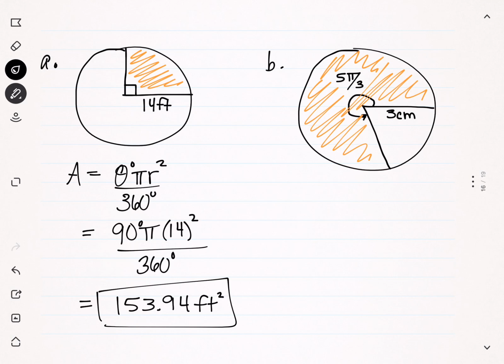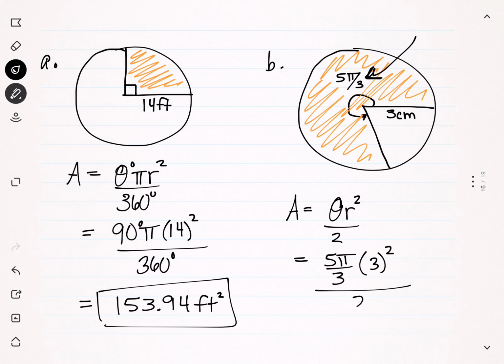Okay, let's try example B here. We have a circle with a radius of 3 centimeters, and the angle measure is 5 pi over 3 radians. Because I don't see any degree symbol there, we are in radians. So my formula is theta r squared divided by 2. Plugging everything in: 5 pi over 3 times radius squared divided by 2. I would do the 3 squared first, and that's going to give me 9.